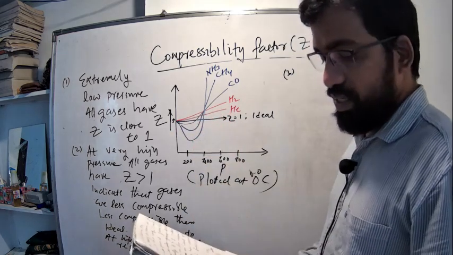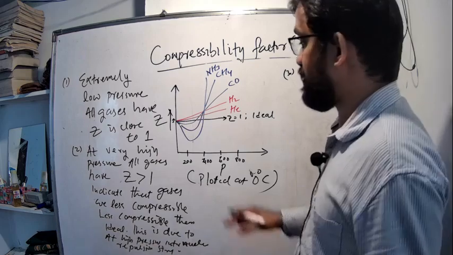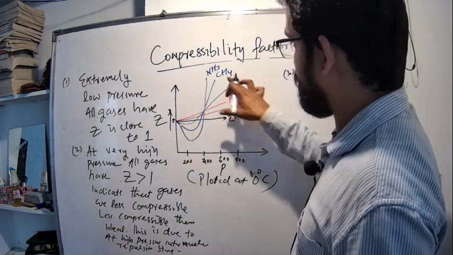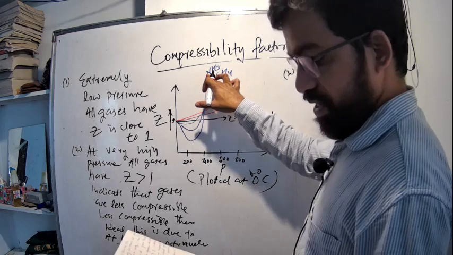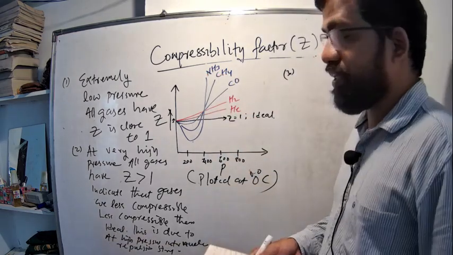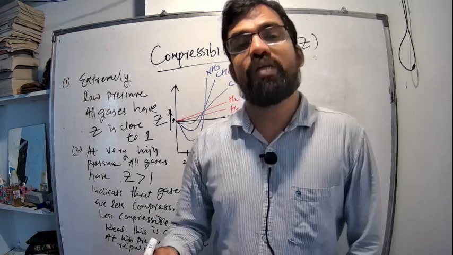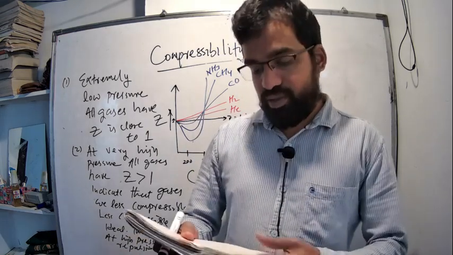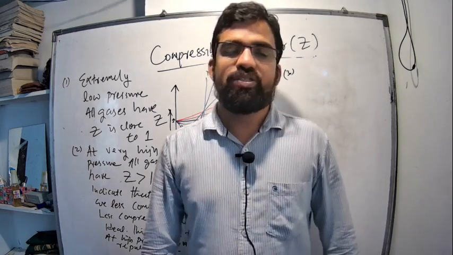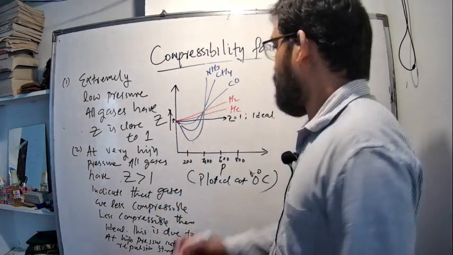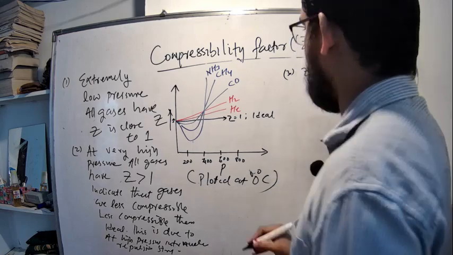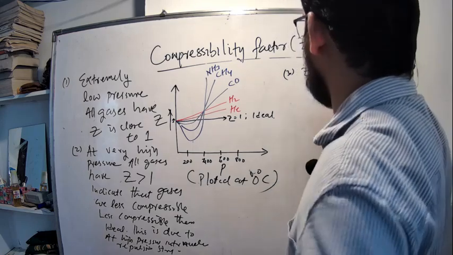So, Z is less than 1 for CO, CH4, NH3 at moderately low pressure, and in that condition intermolecular attraction dominates.